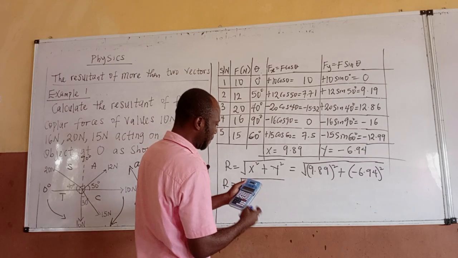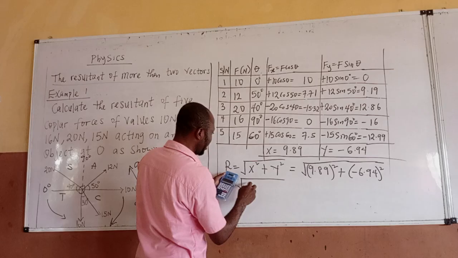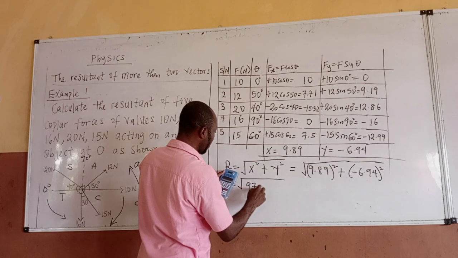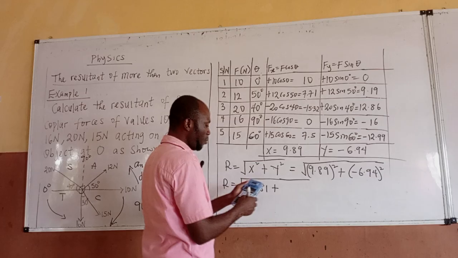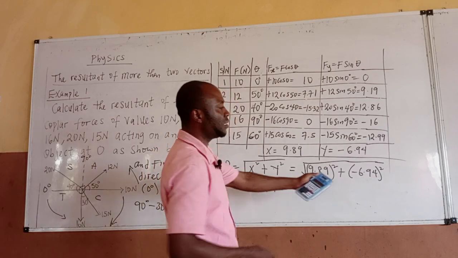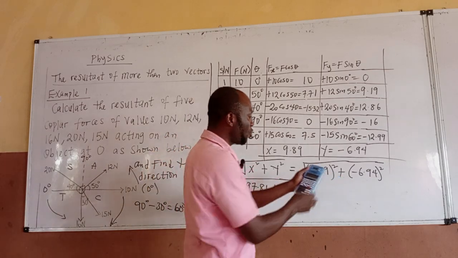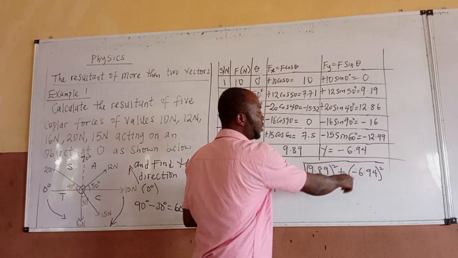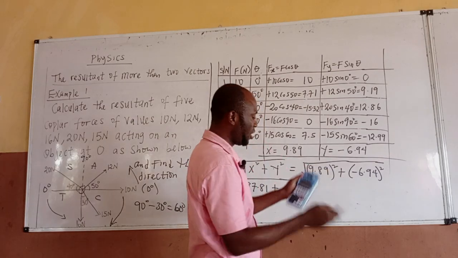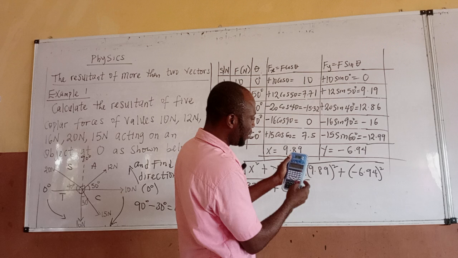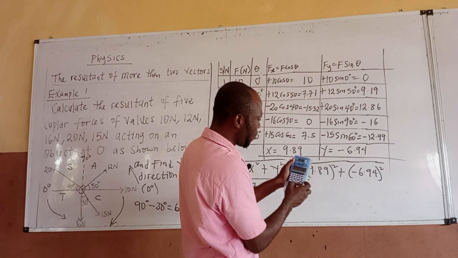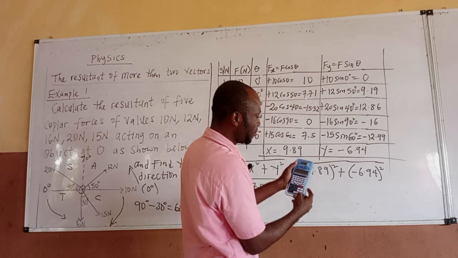You punch 9.89 squared. You don't need to write everything. That gives 97.81. Then plus this one. Students do make mistakes here. Don't just punch minus 6.94 squared, which gives a wrong answer. You punch minus, open bracket, minus 6.94, close bracket, squared.